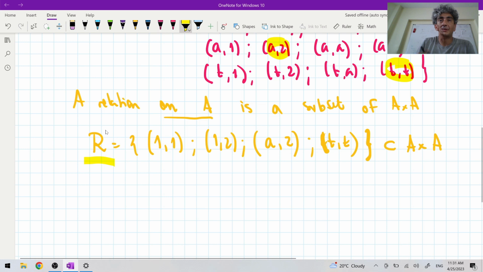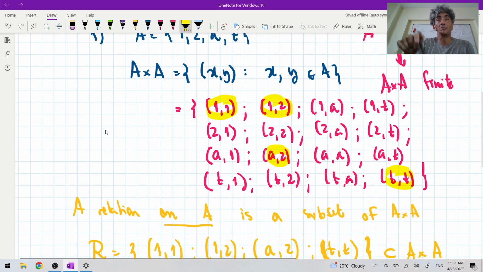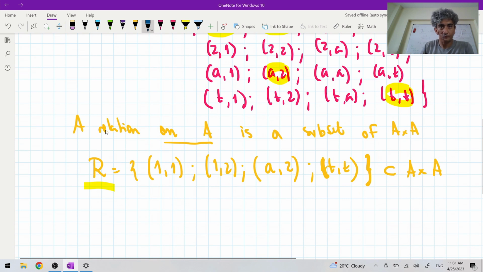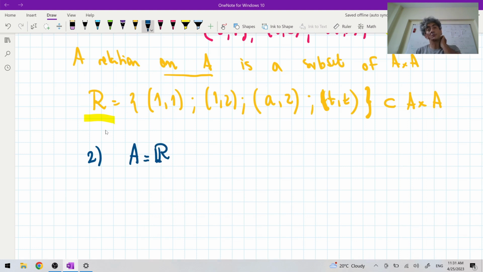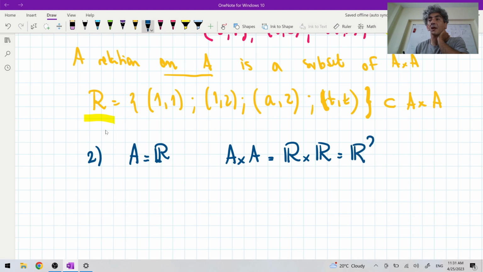So let's go for another example. Let's try this time the real numbers. So the set that we choose to work with is the real numbers. And what is A times A? What's the Cartesian product of A times itself? Well, that's R times R, or what we know also as R squared, pairs of real numbers.